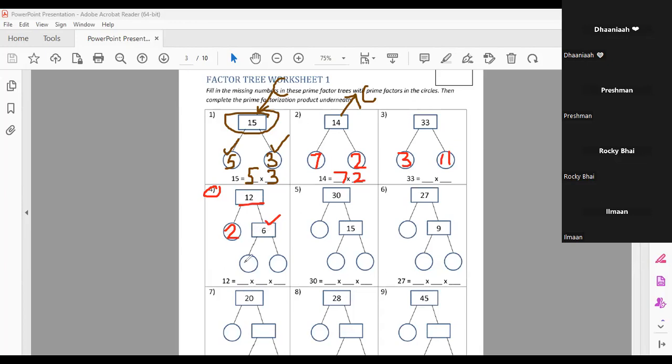Break the 6 up further and you will have 2 and 3. So over here, the last part down, you're going to write all these factors here. 2 times 2 times 3. So if you multiply all these prime numbers, you will get 12. That's how the computer remembers passwords.